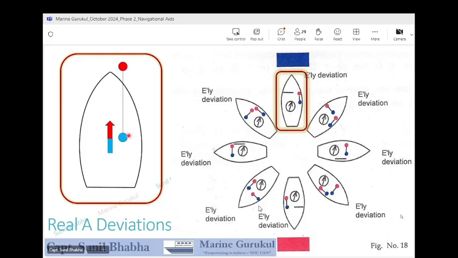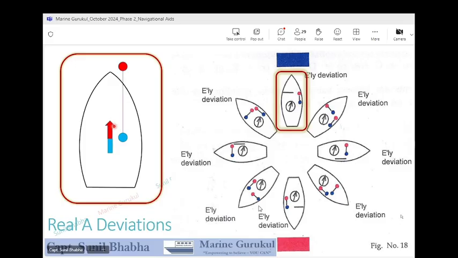Now, how does this blue pole affect our compass? The effect of this blue pole onto the red end, that is the north end of the compass, will be attraction. Because we are aware that opposite poles of a magnet attract each other. So this blue pole of the fore and aft longitudinal is going to attract the north end of our magnetic compass or magnetic needle.